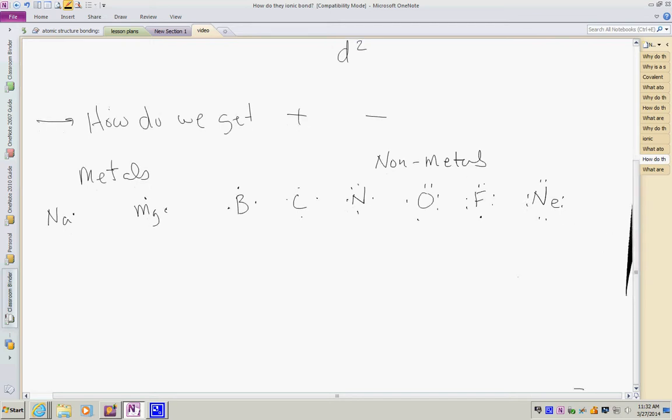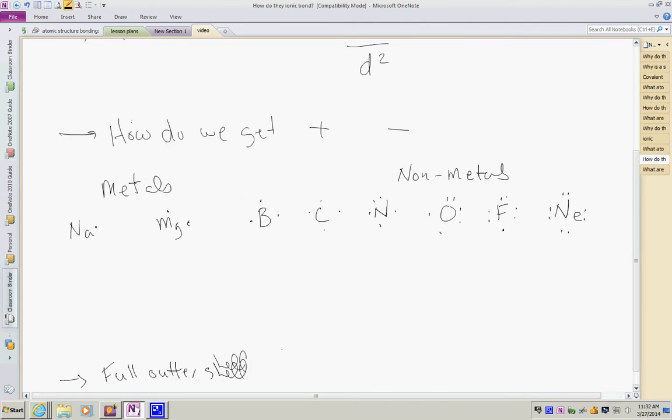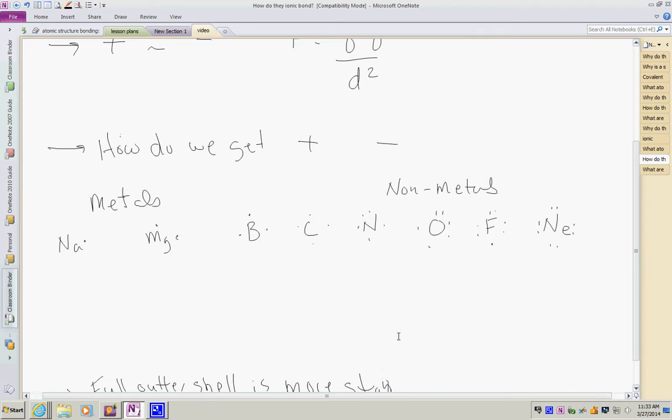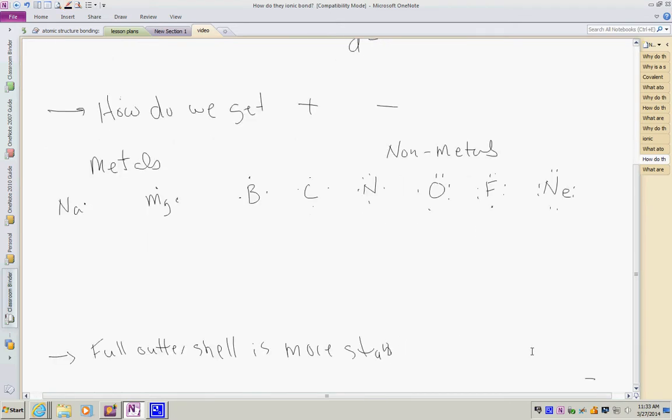The premise behind all of this is that, again, a full outer shell is more stable. So this thing is going to do whatever it can to acquire that.